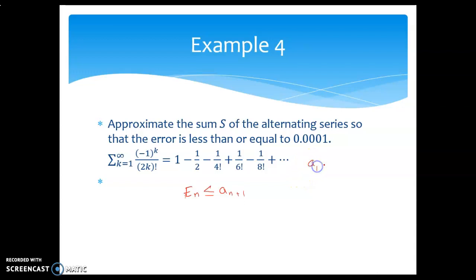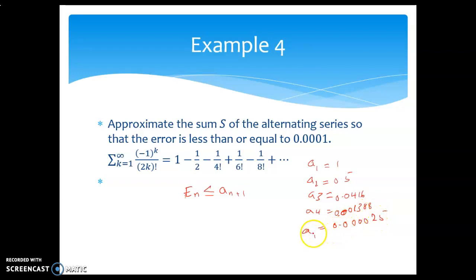So here S of 1 is equal to 1, S of 2 is 0.5, S of 3 is equal to 0.0416, S of 4 is equal to 0.1388, and then S of 5 is going to be equal to 0.00004 times 25.